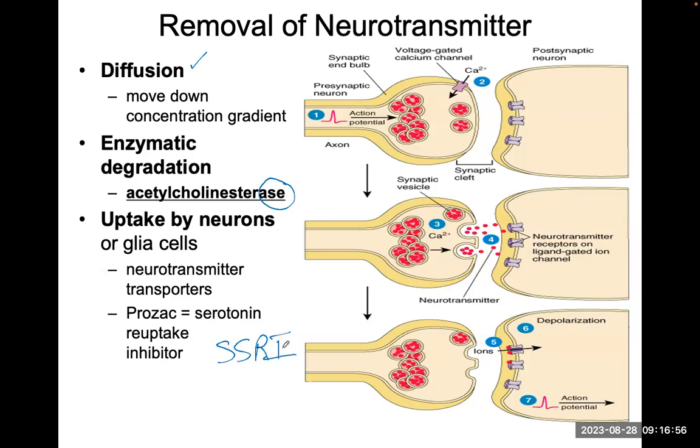We call them SSRIs. So Prozac is a serotonin reuptake inhibitor, meaning instead of repackaging it and putting it back into the presynaptic side, it allows it to linger in the synaptic cleft, having a longer effect. Those are SSRIs.